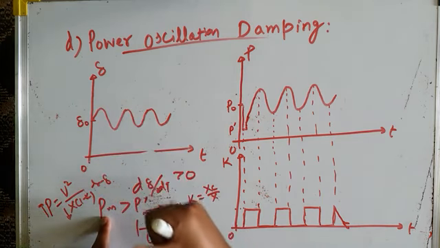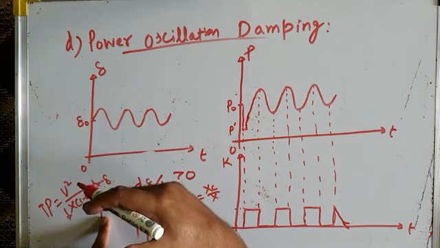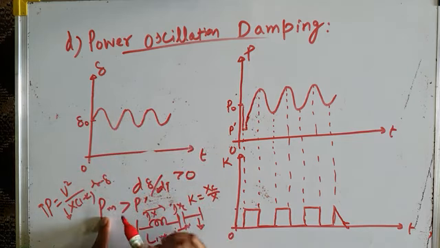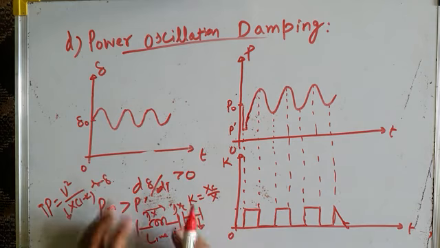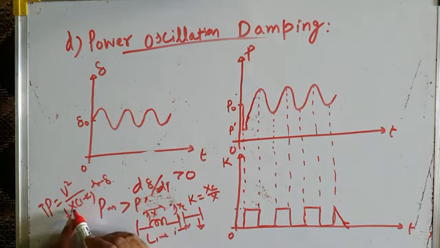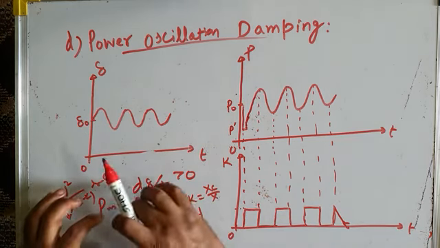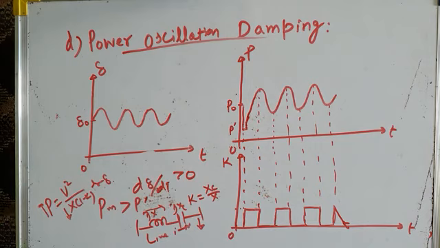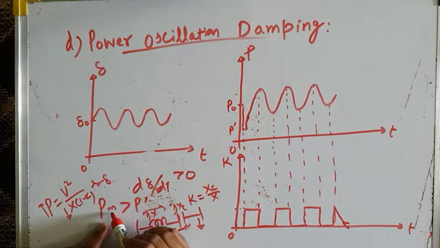To reduce the delta, in order not to allow delta to increase, not to allow the machine to accelerate, series compensation reduces the overall line impedance, and hence it increases the power transmitted over the same transmission line. And when electrical power over the transmission line increases, it balances the excess mechanical power.